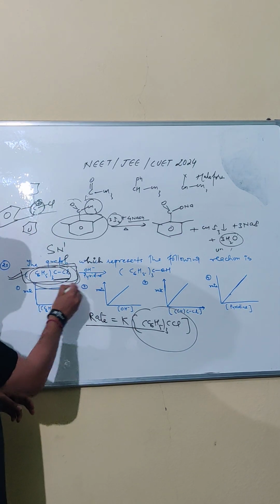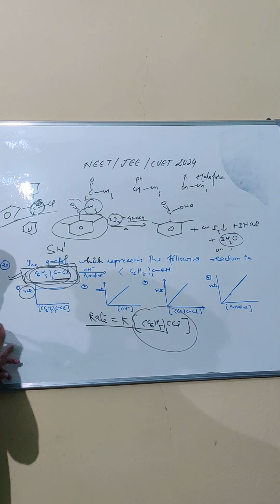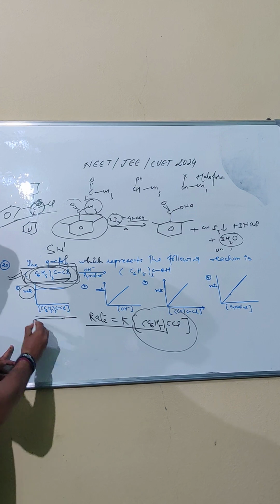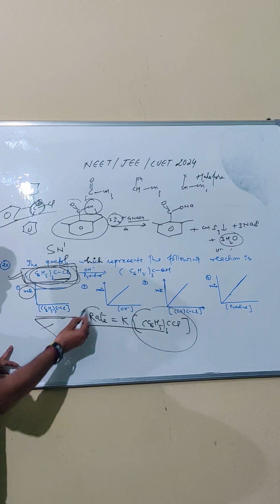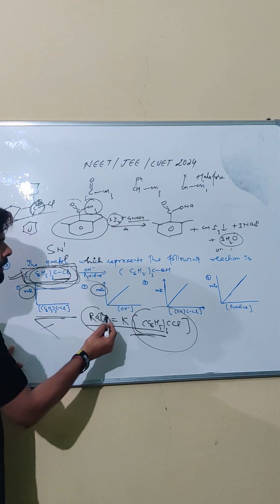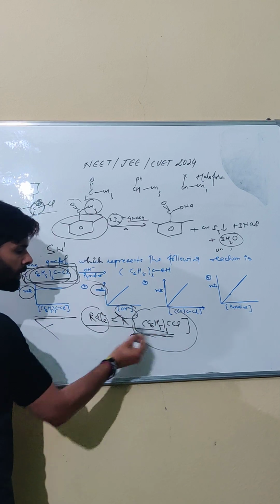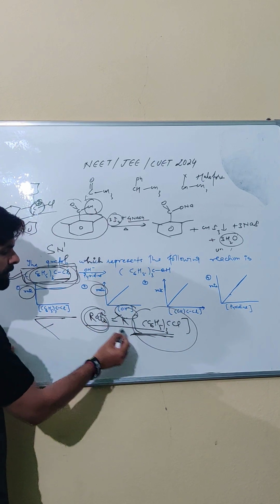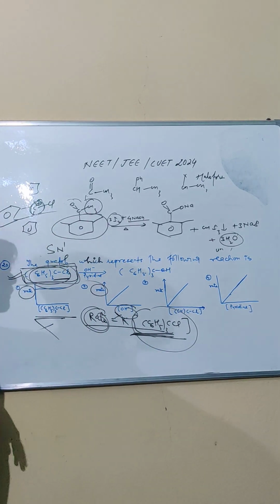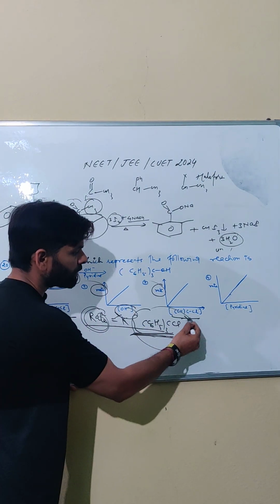So this is a first order reaction. Now you can see that rate is not depending on the concentration. This can't be true, because rate is directly proportional to concentration. Here we are given rate is directly proportional to OH. No role of OH in this expression. Rate is only depending on the concentration of alkyl halide.